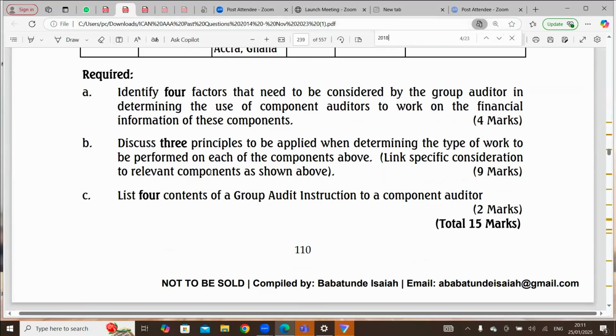Okay, they also refer here to the use of component auditors' work.